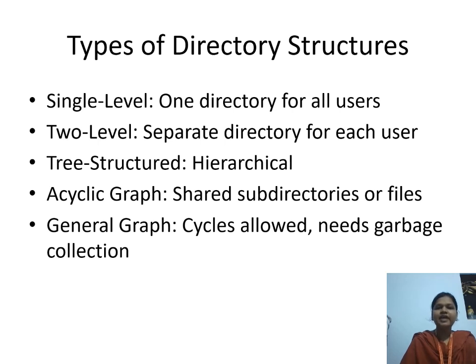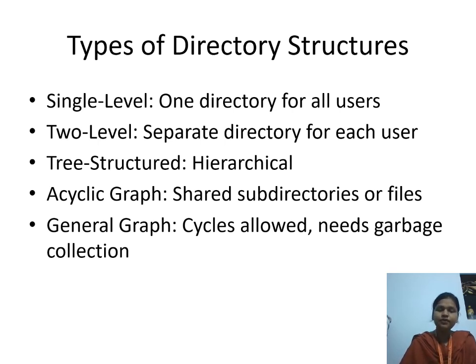Types of directory structures: single level, two level, tree structure, acyclic graph, and general graph. Let us discuss single level. In the single level, there is only one directory for all users.